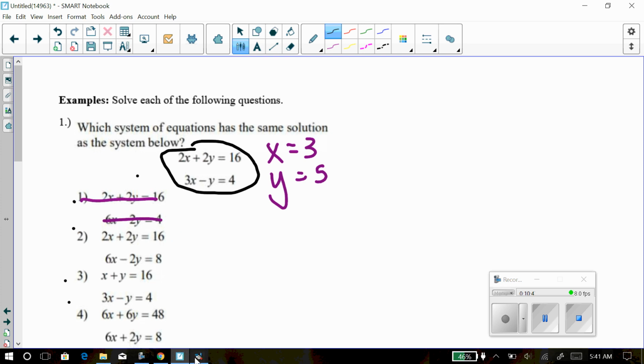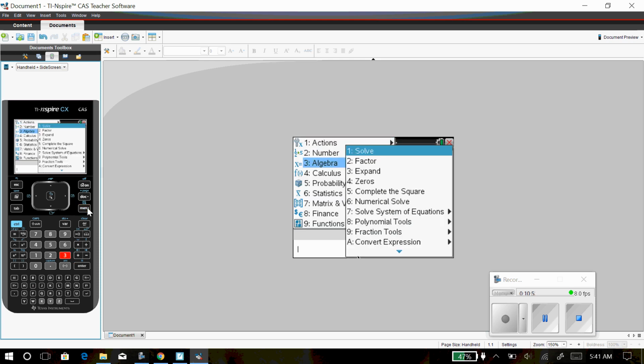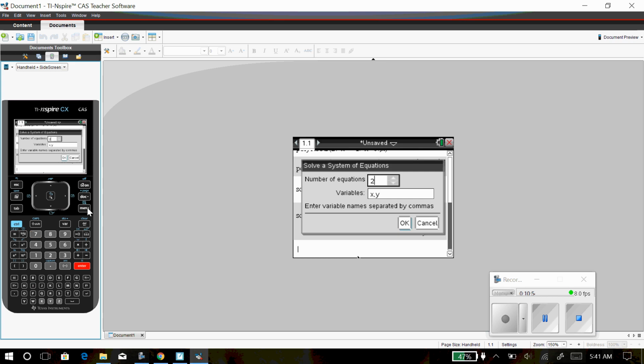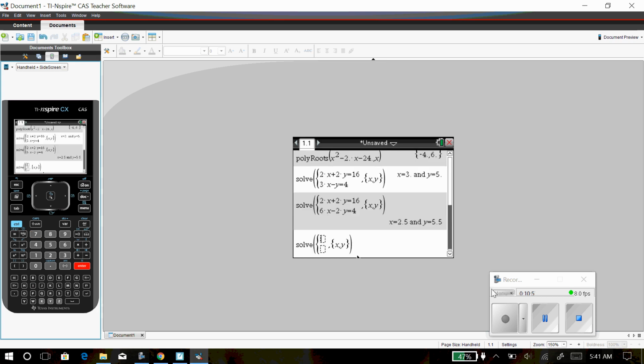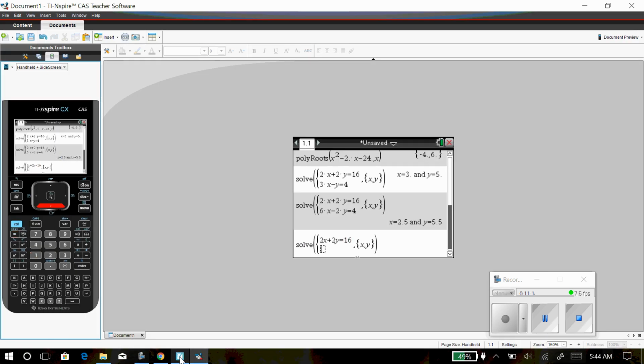Let's try choice 2. Menu, algebra, solve systems of equations. And let's put in our next set of numbers. Okay, so our next set of equations are 2x plus 2y equals 16, 6x minus 2y equals 8.